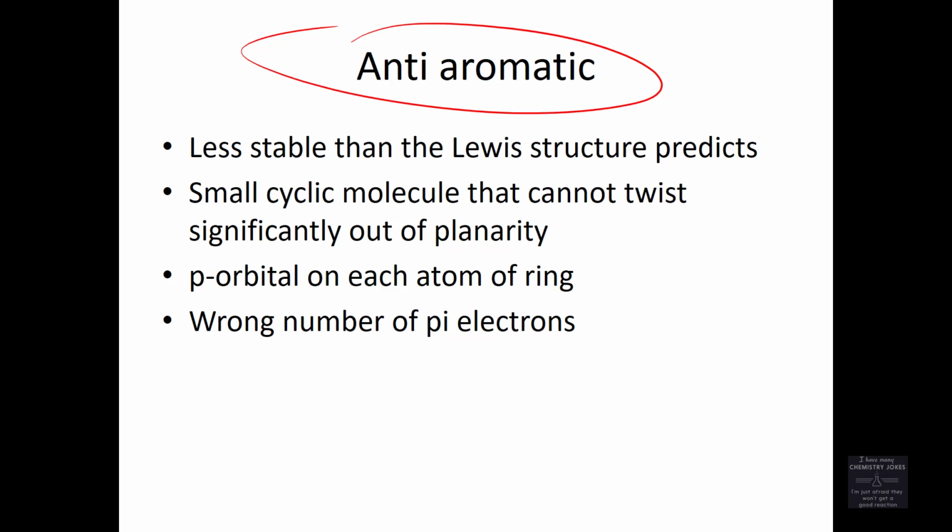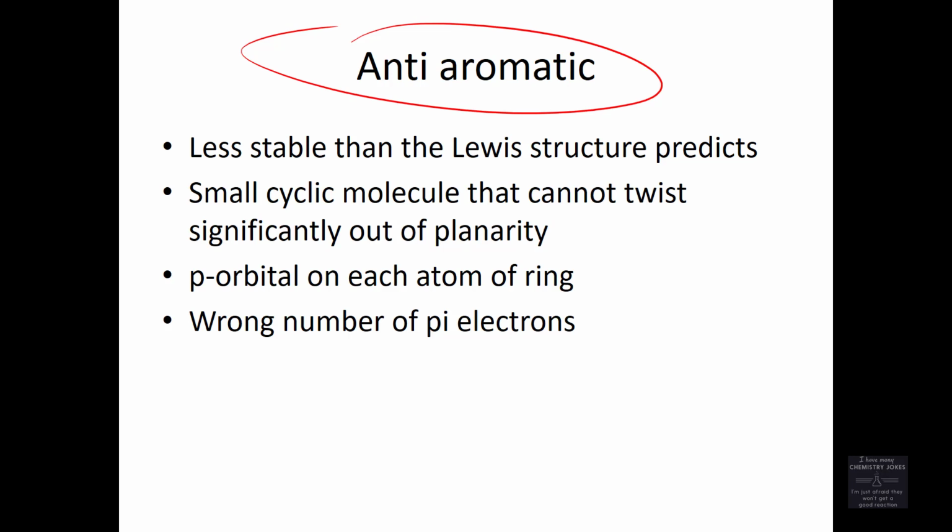In order to be anti-aromatic, you must fit the same first couple of criteria as being aromatic, as in it has to be cyclic, it has to be flat, and everybody has to have an available p orbital.